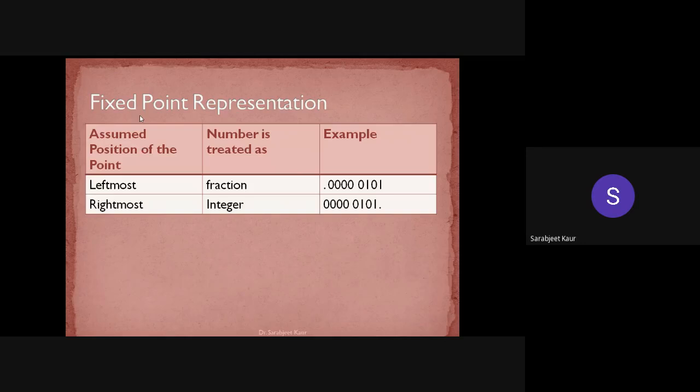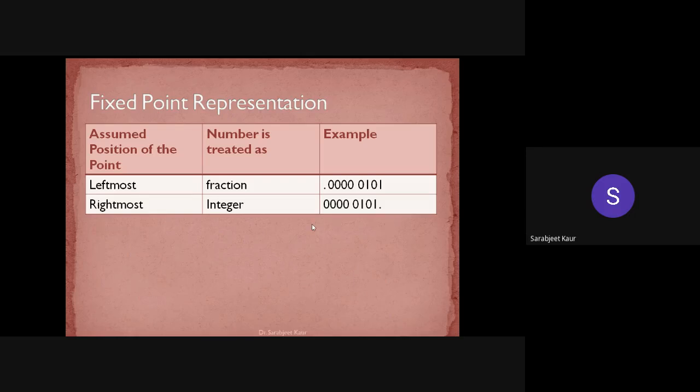So if I assume that the decimal point will always be to the leftmost of a number, then I arrange all my numbers either by multiplying them by the powers of 10, if that's a decimal number, or the equivalent in binary.